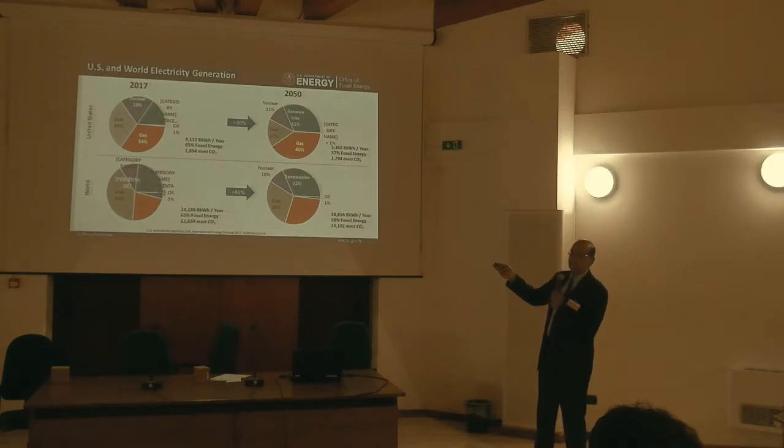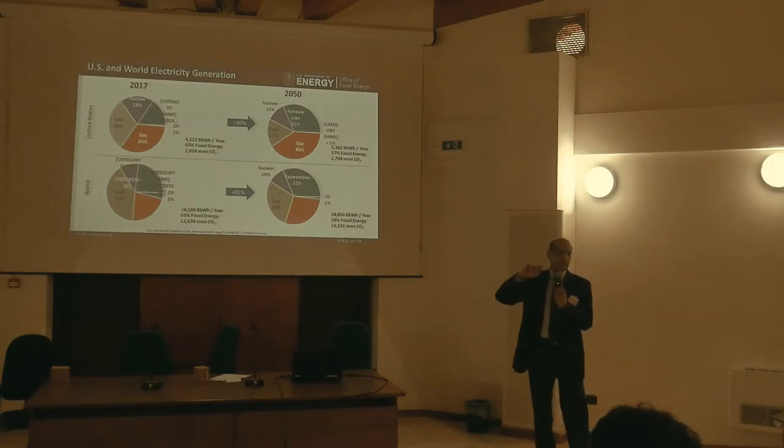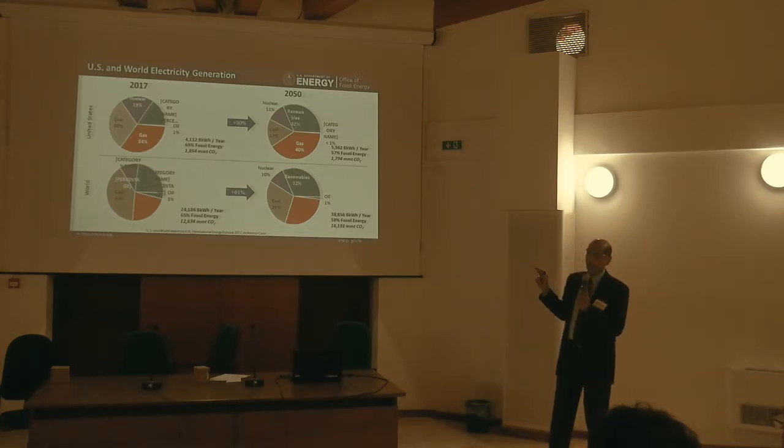So in the United States alone, we are going from about 4 billion kilowatt hours all the way up to about 5.5 billion kilowatt hours by the year 2050. And in that 30%, 31% change, you will notice that fossil fuels are 50 to 60% at least in the minimum usage.